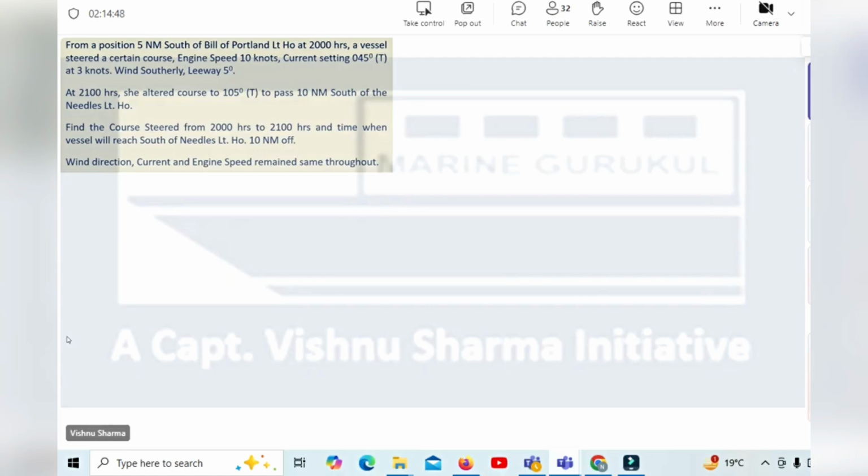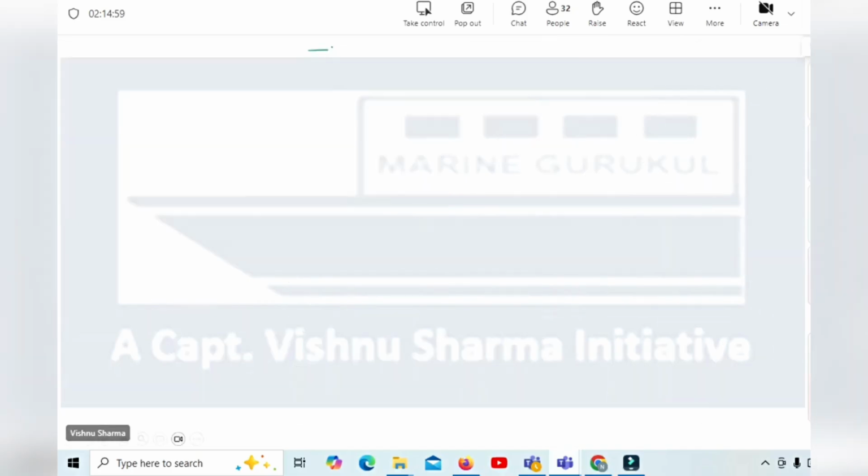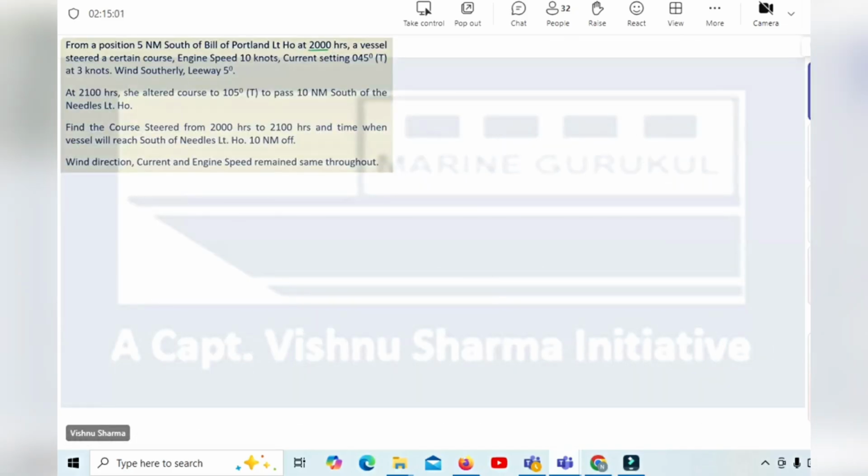Now, from a position 5 nautical miles south of Bill of Portland at 2000 hours. That means the 2000 hour fix is known. Am I right, guys? A vessel steers a certain course. Engine speed is known. So first course is missing. Current is setting 045 degrees true at 3 knots.